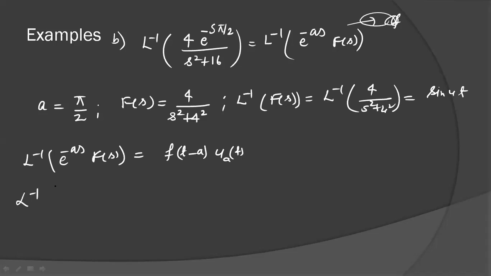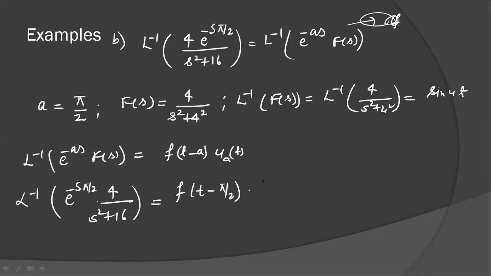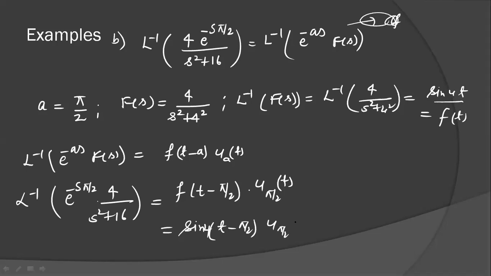So Laplace inverse of e to the power minus s pi by 2 into 4 over s square plus 16 is equal to f(t minus pi by 2), because a is pi by 2 here, u_{pi by 2}(t). What is your f(t)? f(t) is sine 4t. So f(t minus pi by 2) will become sine of 4 times (t minus pi by 2), u_{pi by 2}(t).